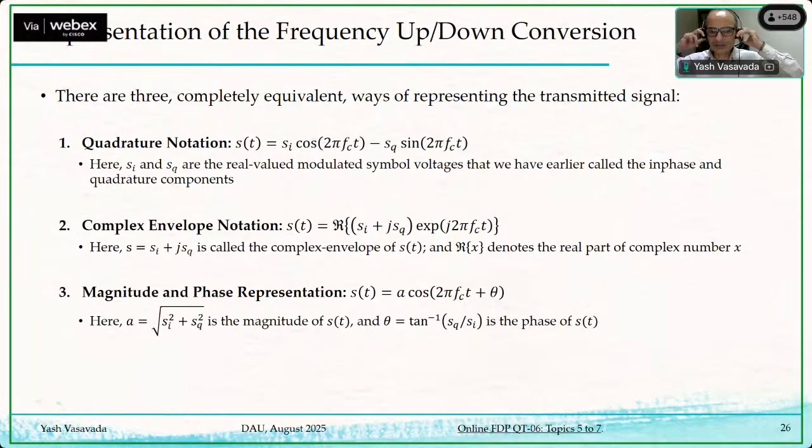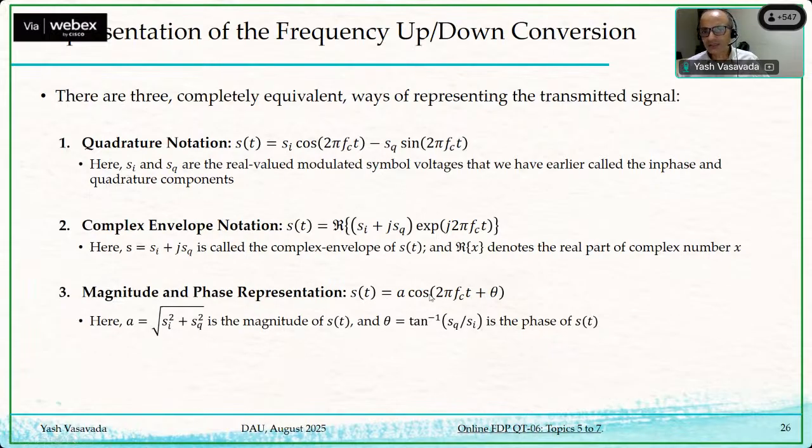So this is called the complex envelope representation. And then in this context, you will see that this S_I and S_Q became kind of the real and the imaginary part of a complex number. And then finally, the third representation is called magnitude and phase representation.